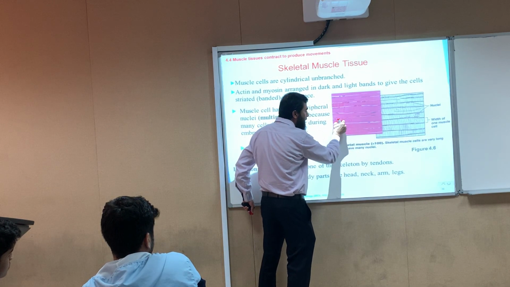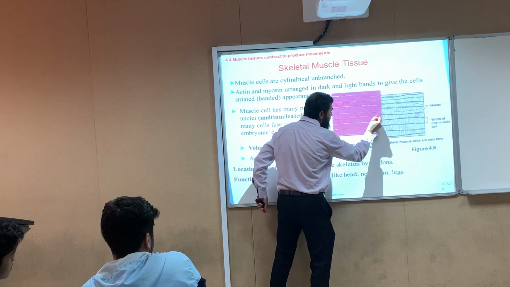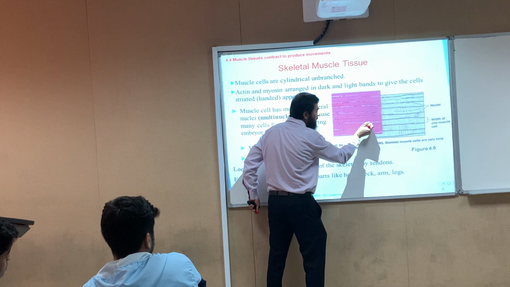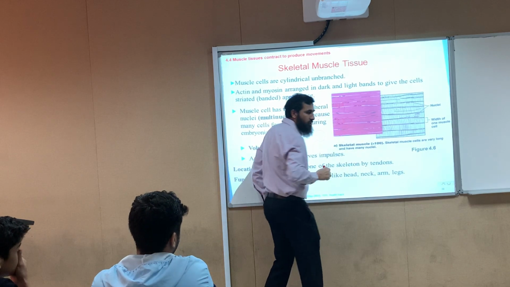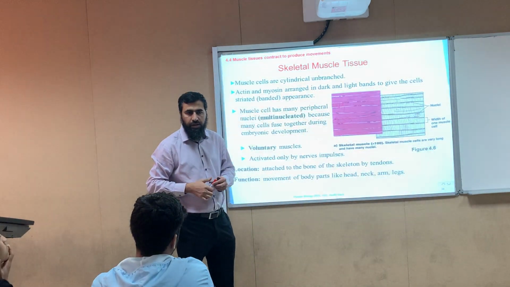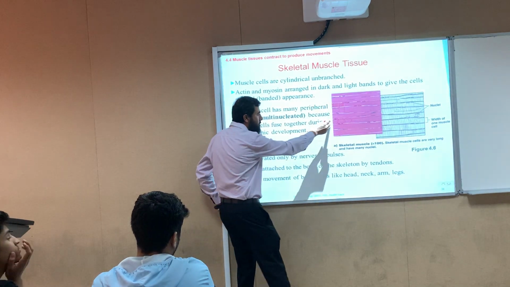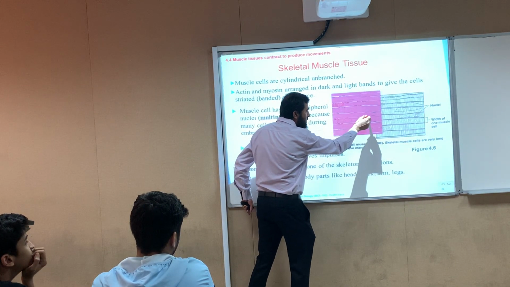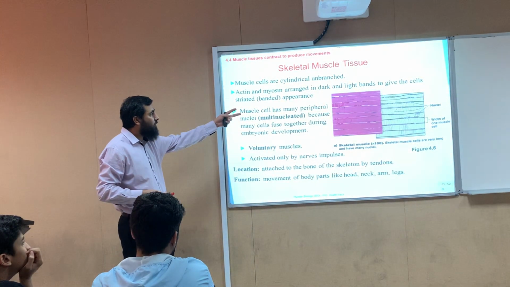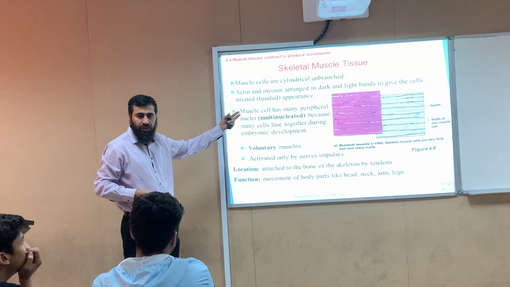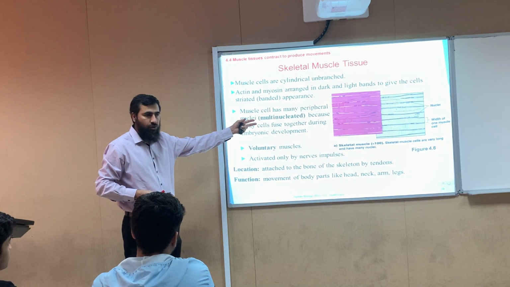They fuse together and form this long cell, and that's why you see the cells have these peripheral nuclei. The reason they're peripheral is that most of the cytoplasmic space is taken up by the actin and myosin fibers, which are very important for contraction.